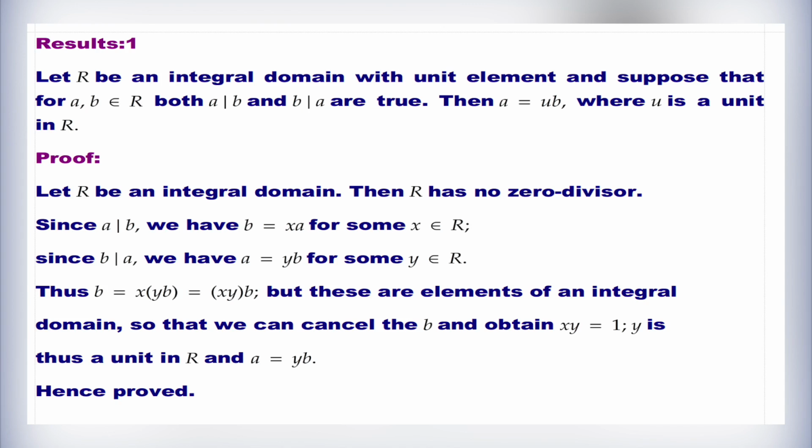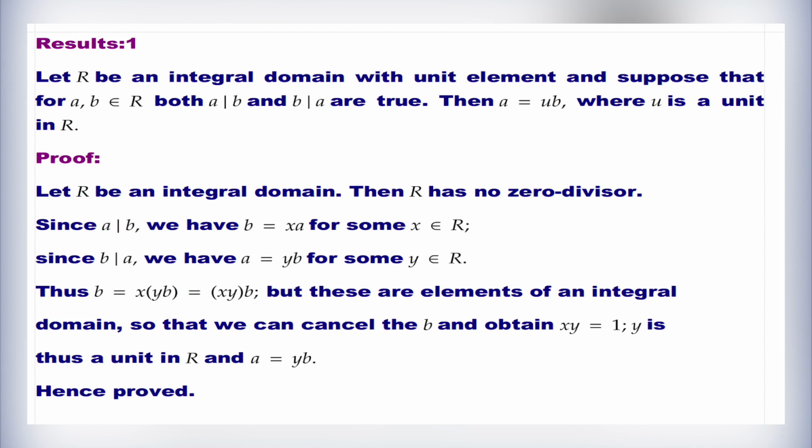Proof of the result: let R be an integral domain. Then R has no zero divisors. Since A divides B, we have B = xA for some x in R. Since B divides A, we have A = yB for some y in R. We have B = x(yB), where in the place of A we put yB.